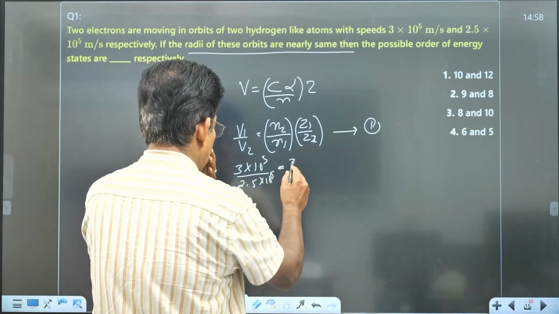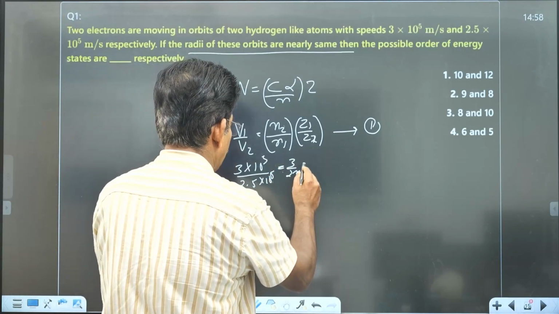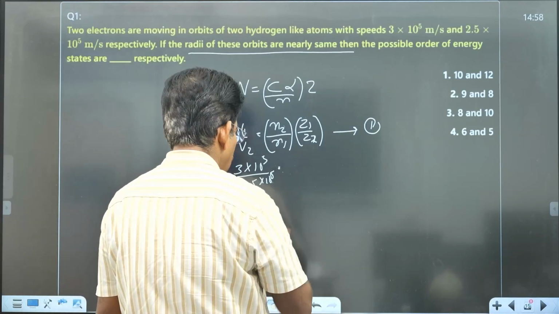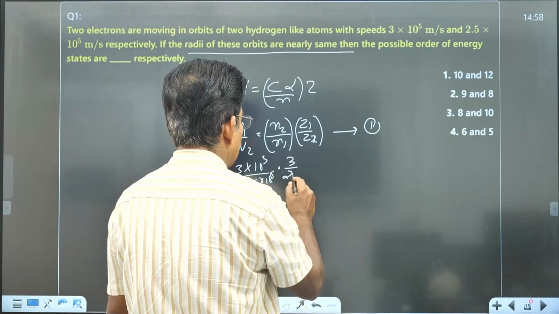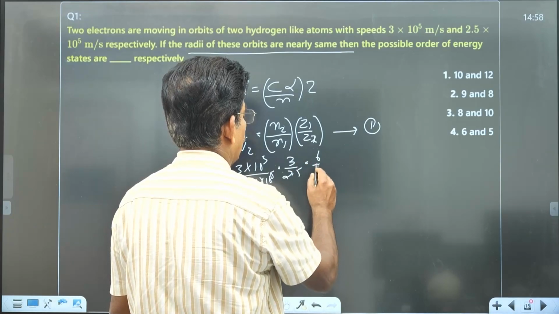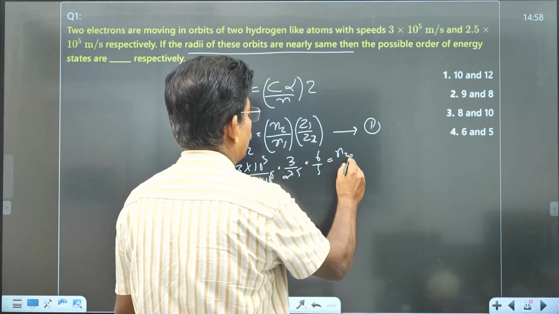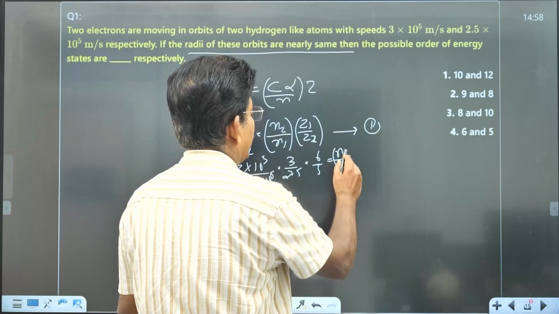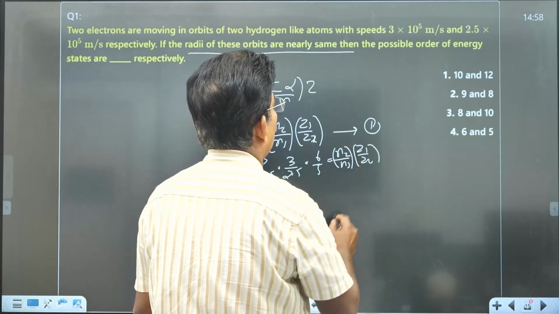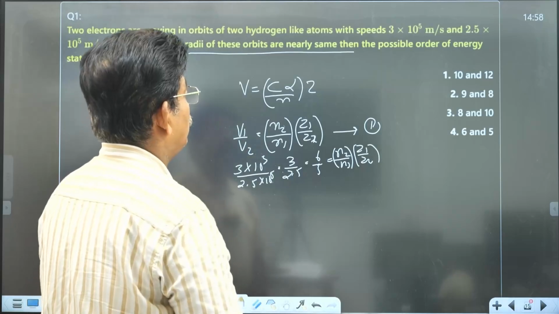That comes to be 3 by 2.5, that comes to be 6 by 5. 6 by 5 is equal to N2 by N1 into Z1 by Z2. I want the ratio of N1 by N2.